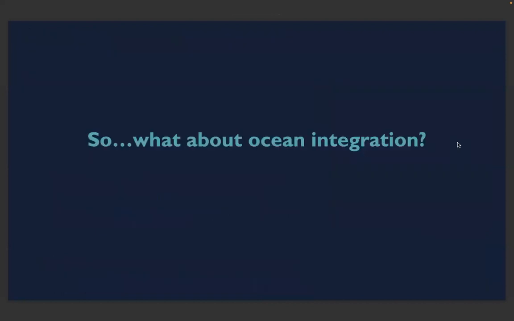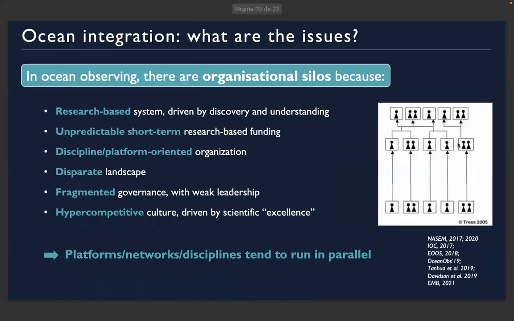So what about ocean integration? In the case of ocean observing, all that I've been saying from the beginning can be applied. It is true that in ocean observing, we also have organizational silos. Because we are a research-based system that is driven by discovery and understanding, we don't have a mission-based approach; every team and institution can have their own priorities, and we are not obliged to align. Because we have unpredictable short-term research-based funding, we can't have a long-term vision.